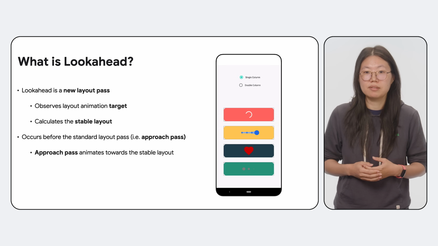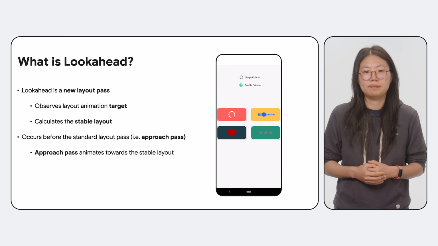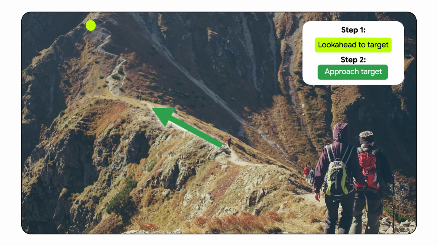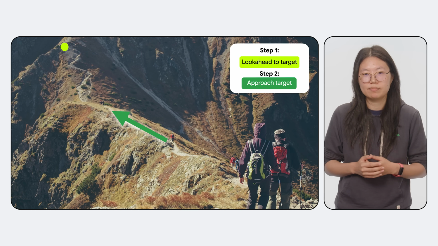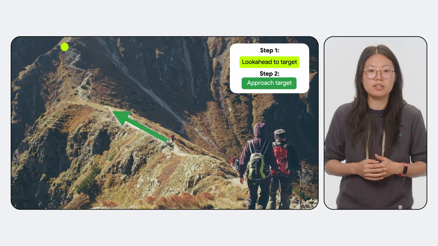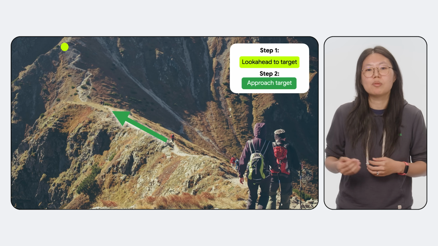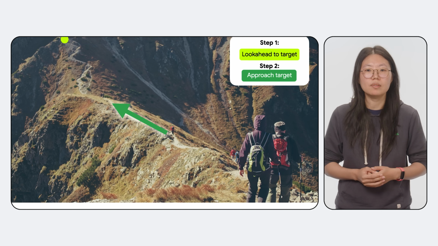After the Lookahead pass, the approach pass will happen frame by frame to animate the layouts. A good metaphor is that hikers need to first look ahead to their destination before they approach that destination. The Lookahead pass gives you the destination of all the layouts, or the stable layout, as if layout animations had already finished. Then during each frame, we'll have an approach pass animating towards the pre-calculated destinations.